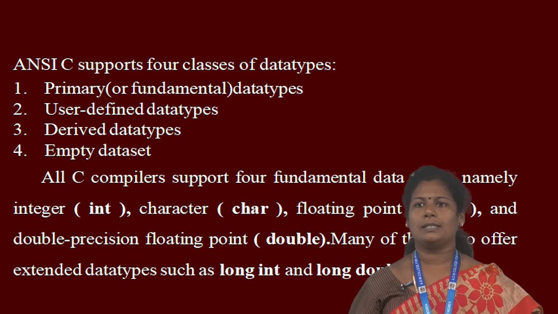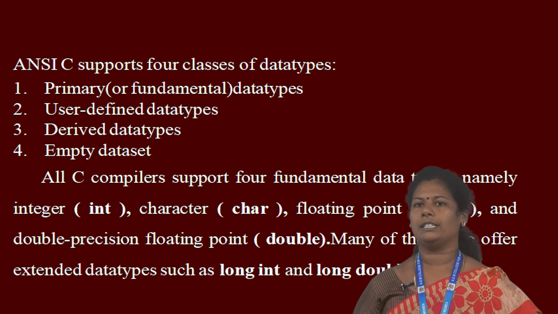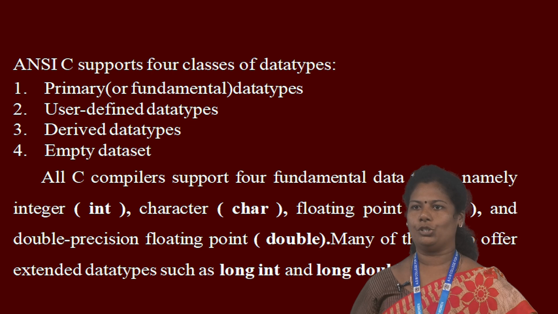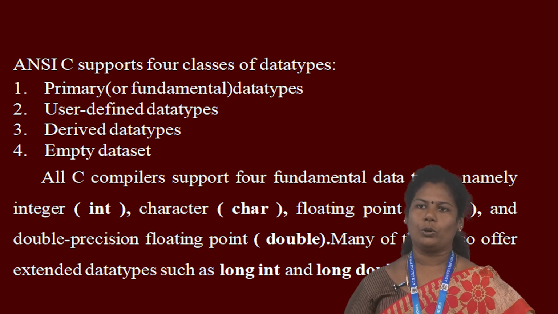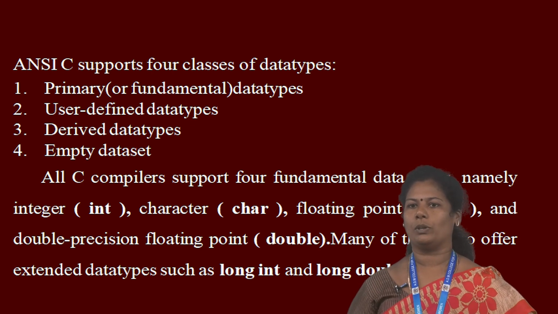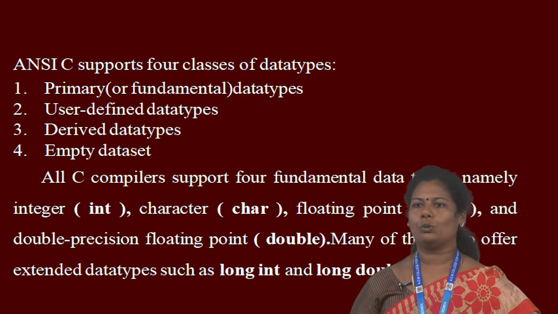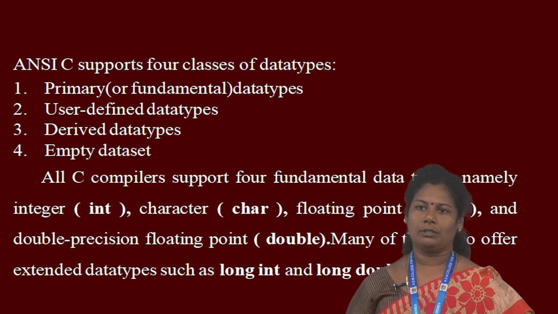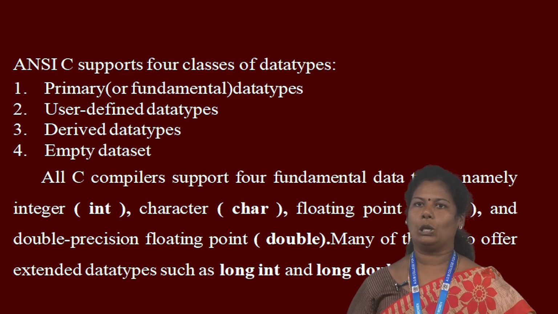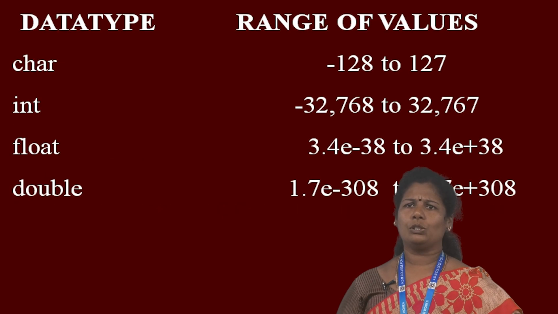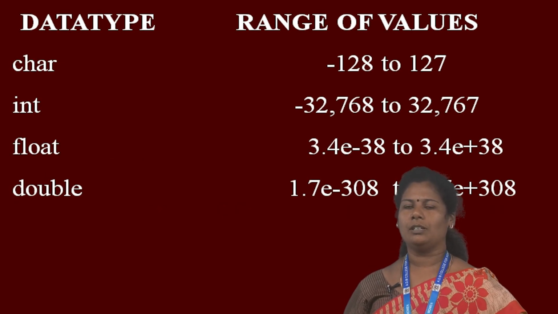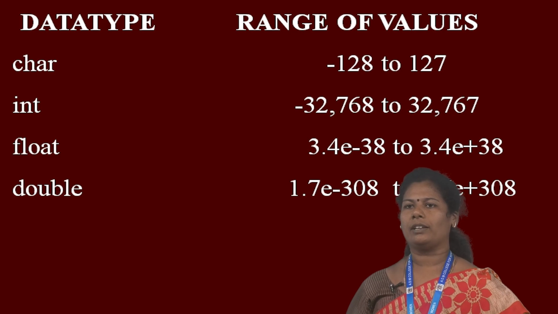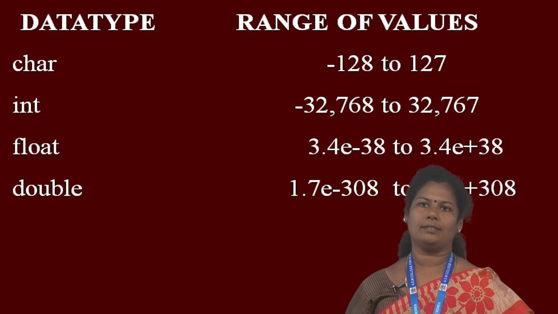All C compilers support 4 fundamental data types, namely integer, character, floating point, and double precision floating point. Many of them also offer extended data types such as long int and long double. These are the data types and their range values. First one is character. The range of character is -128 to 127.